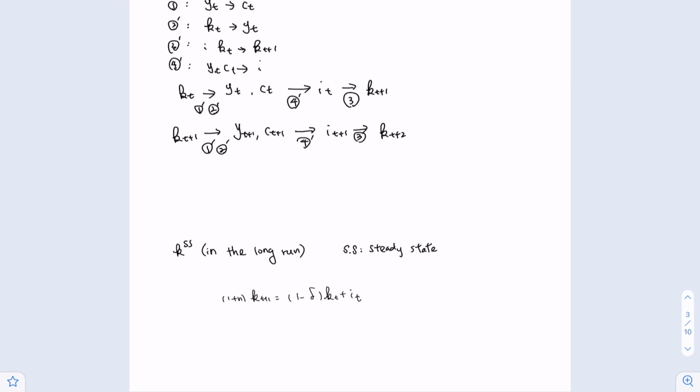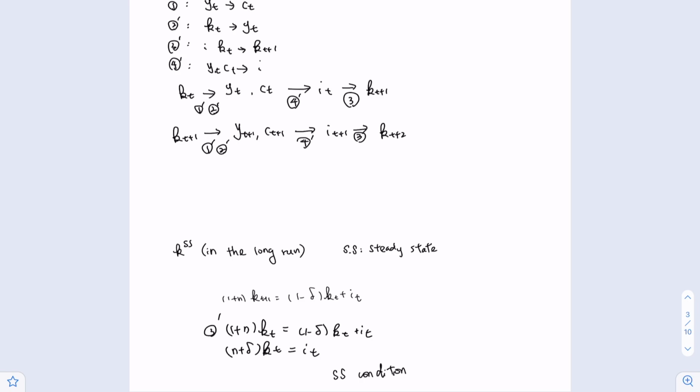Therefore, we assume that if the economy attains the steady state, then k_{t+1} needs to be equal to k_t. Then we can plug it in and rearrange the equation, and we are going to have this new equation: (n + delta) multiplied by k_t needs to be equal to i_t. I have a name for this condition, which is called the steady state condition.